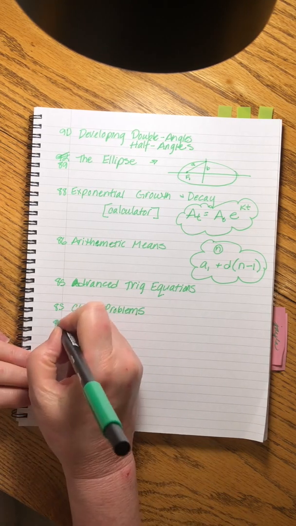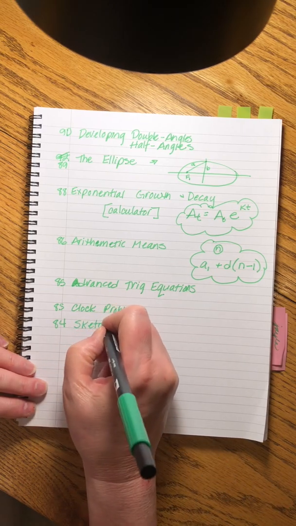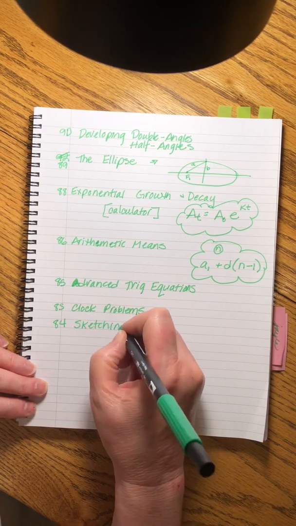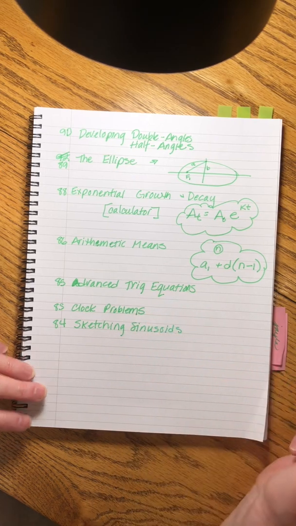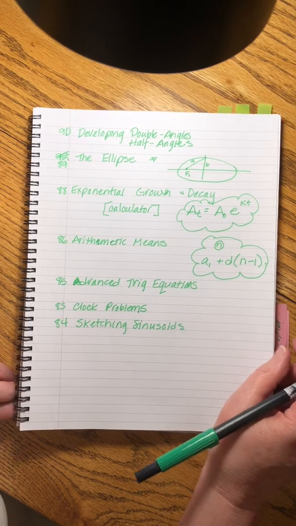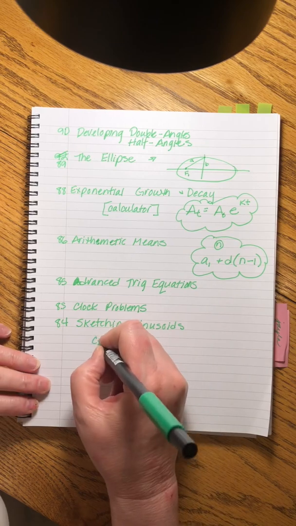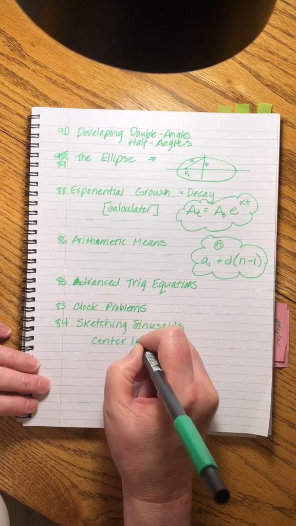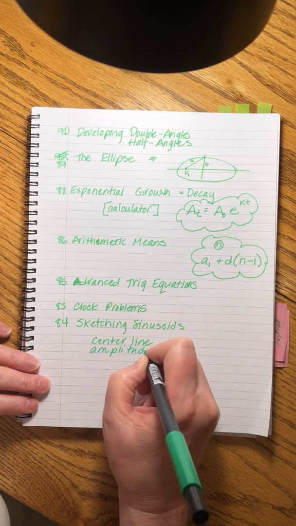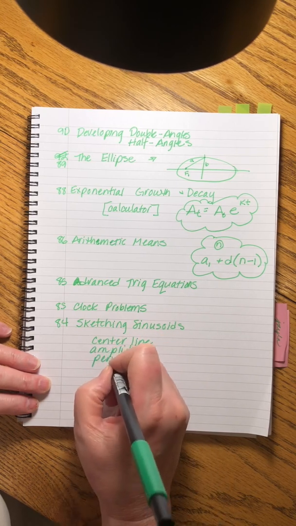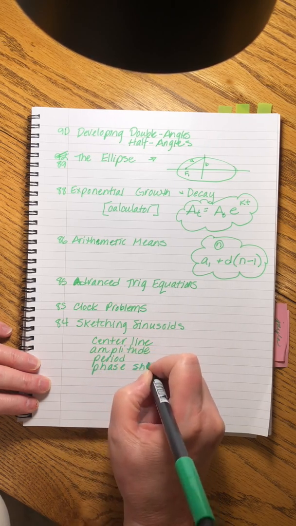84, sinusoids. Oh my gosh, I want a problem on every one of these. Sketching sinusoids, right? And in this, we need to know that there's the center line, and there's the amplitude, and there's the period, and there's the phase shift.